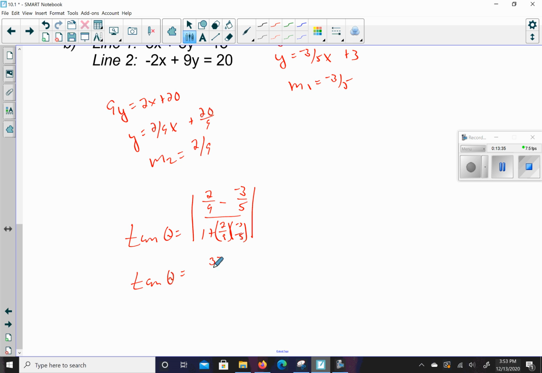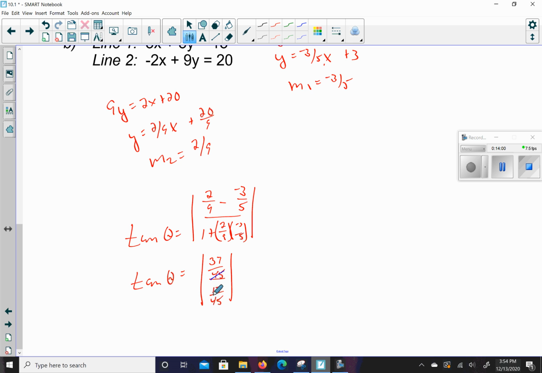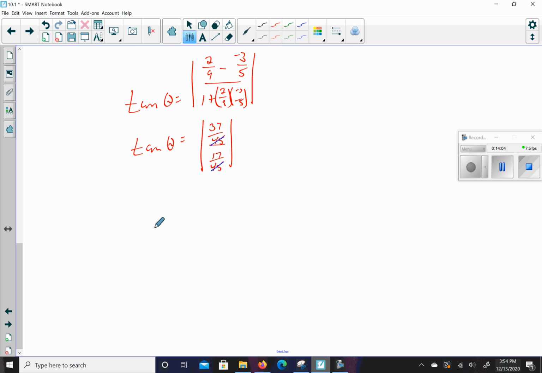37 over 45 and 17 over 45. The denominators of 45 will simplify. So I get the tangent of theta is equal to 37 over 17.